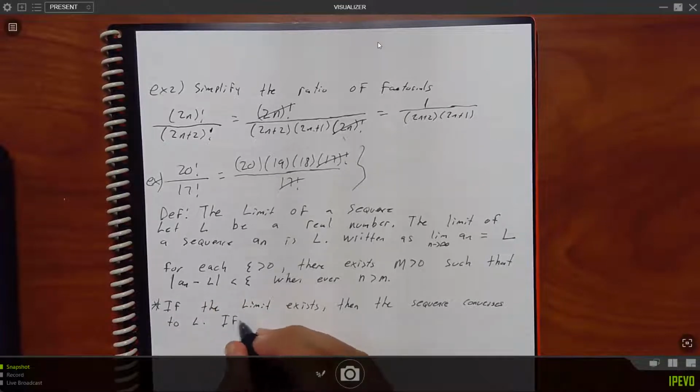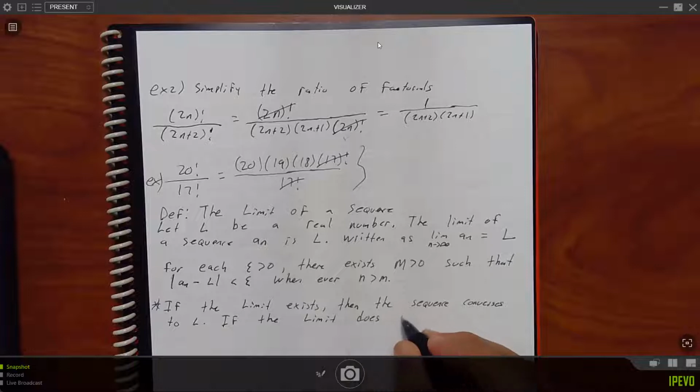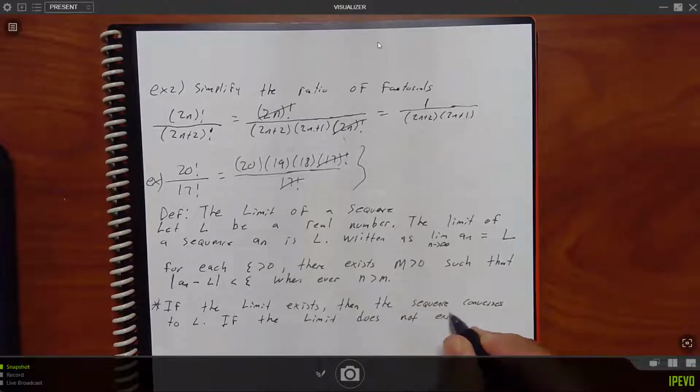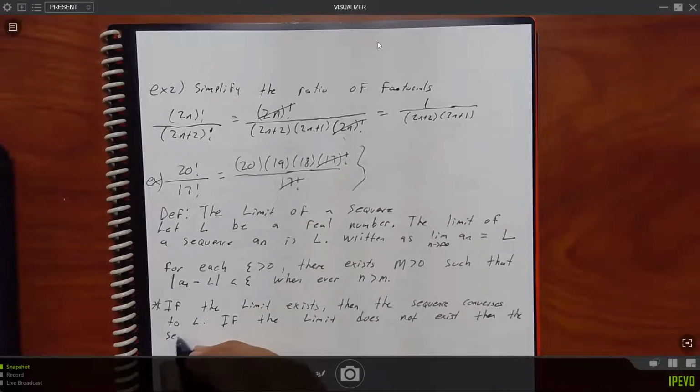If the limit does not exist, then the sequence diverges.